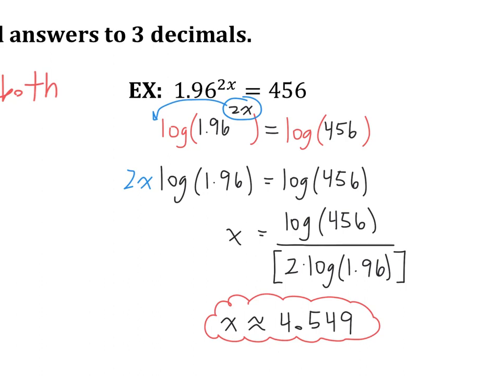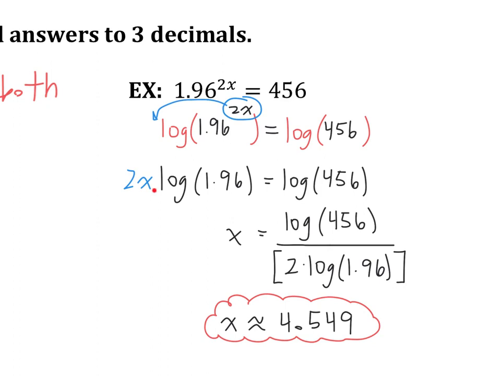Okay, how did you guys do? We have to take the log of both sides because there's no way we're going to be able to rewrite 456 as 1.96 to some power. So we take the log of both sides. The next step is to move this power, 2x, out front. So now we have 2x times the log of 1.96 equals the log of 456.